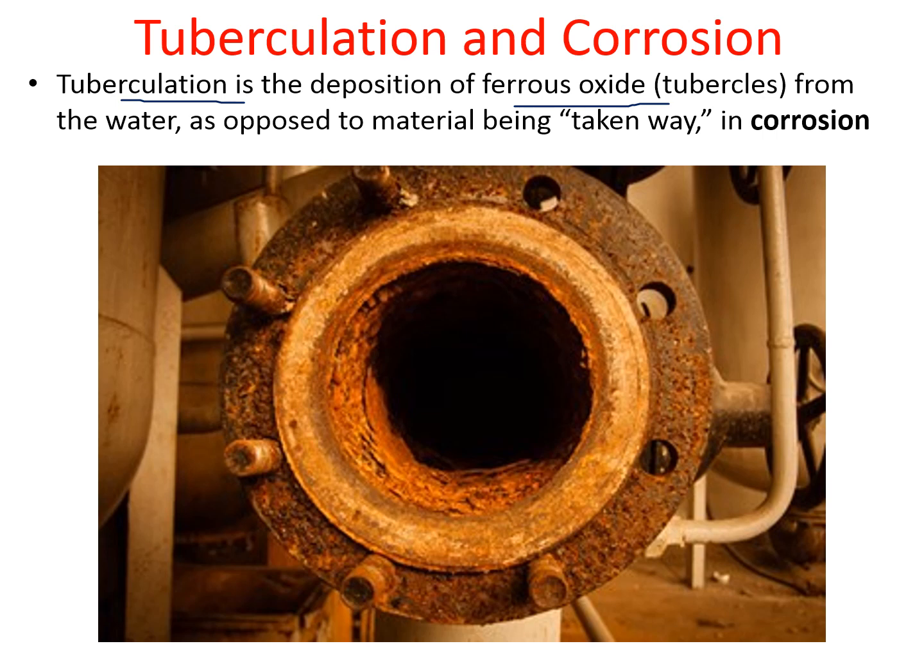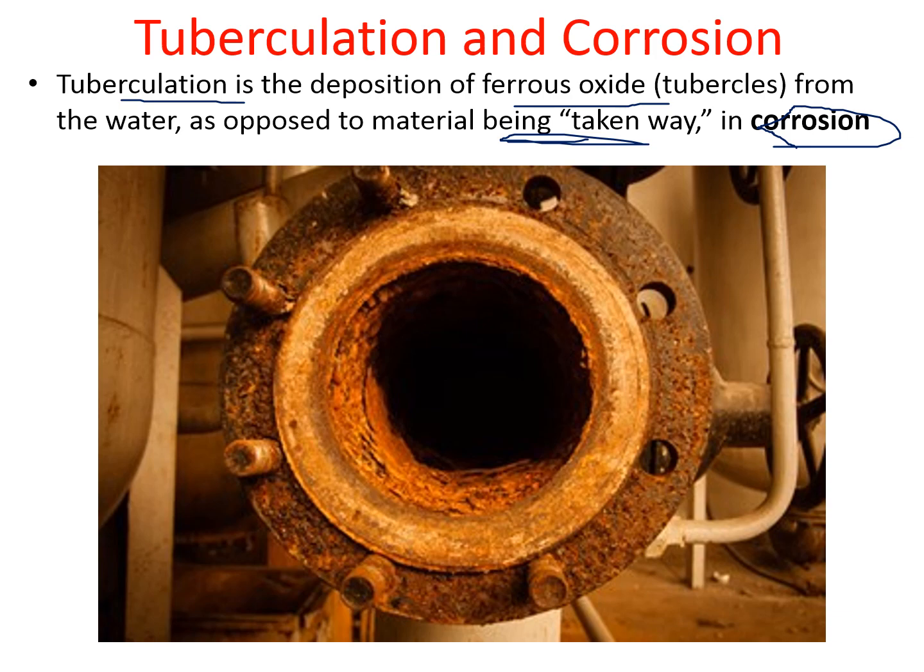While when we are talking about corrosion, it is related to rusting action, in which the material is taken away. Generally, if this corrosion or tuberculation takes place in water supply pipelines, then it affects the carrying capacity of your particular pipeline. So tuberculation and corrosion are to be properly taken care of when we are supplying water to the distribution system.